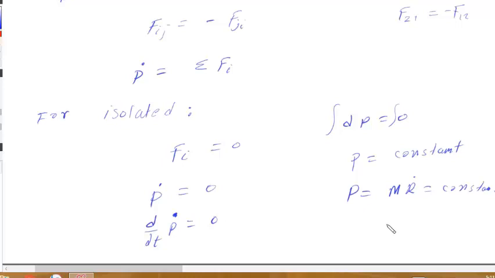Now we consider the composite body. If the body is isolated, then according to the first law, there is no external force.